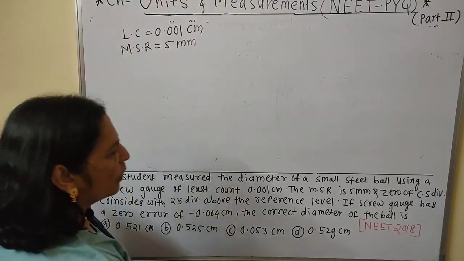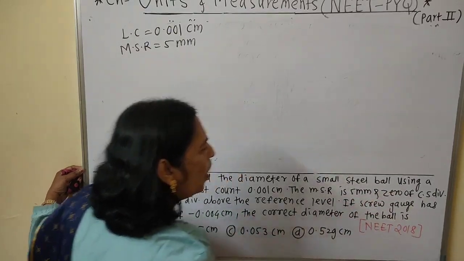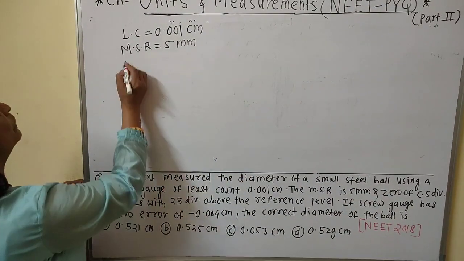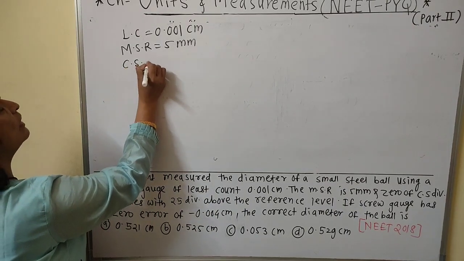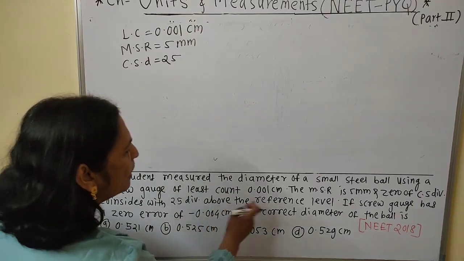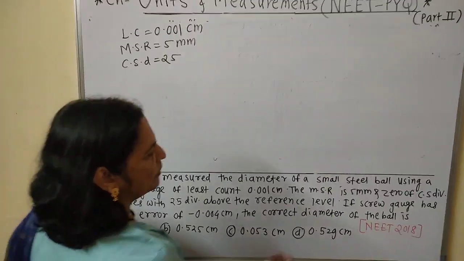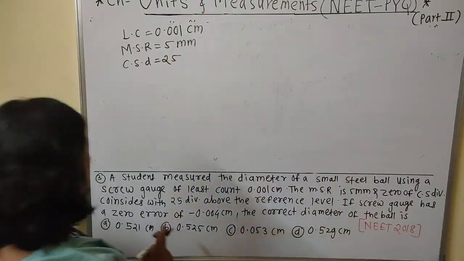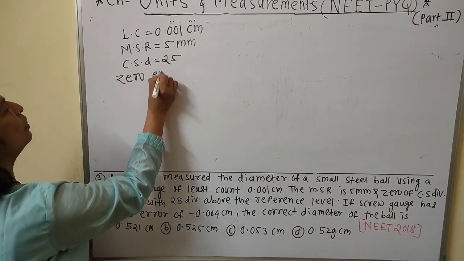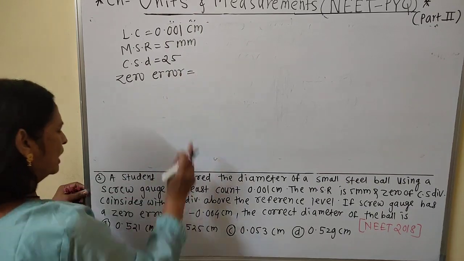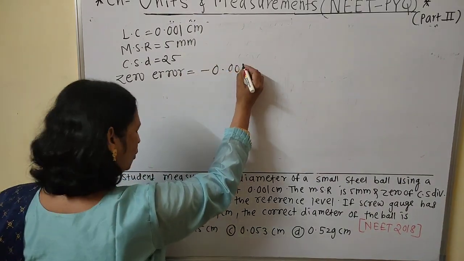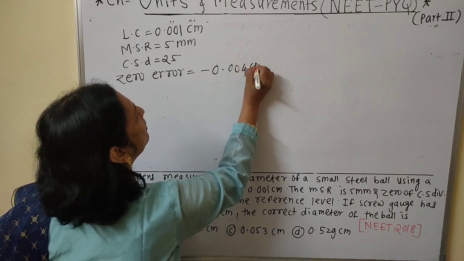Okay. Now the circular scale division coincides with the 25 division. Means circular scale division that is equal to 25 division above the reference level. If the screw gauge has a zero error, that zero error is equal to minus 0.004 centimeter.